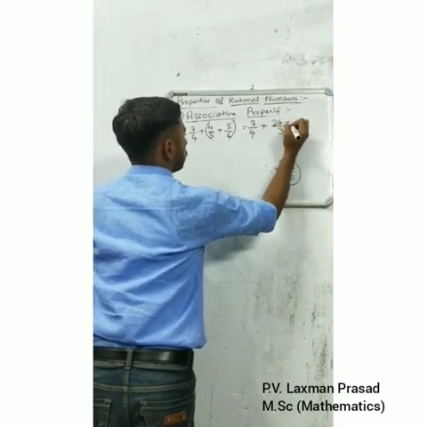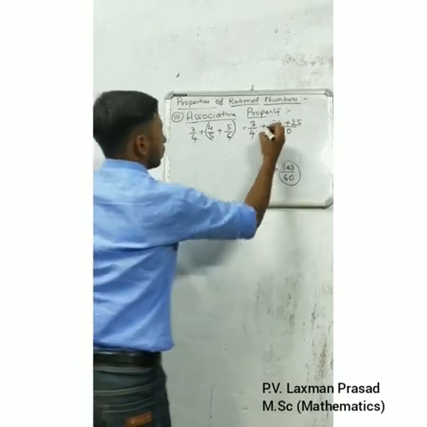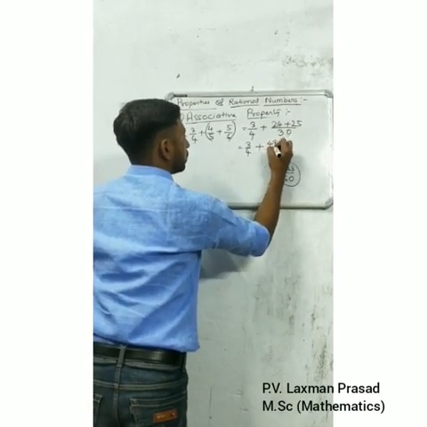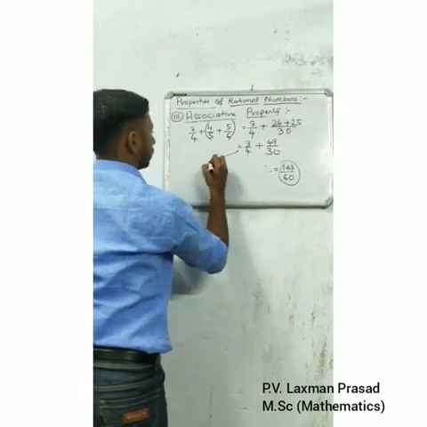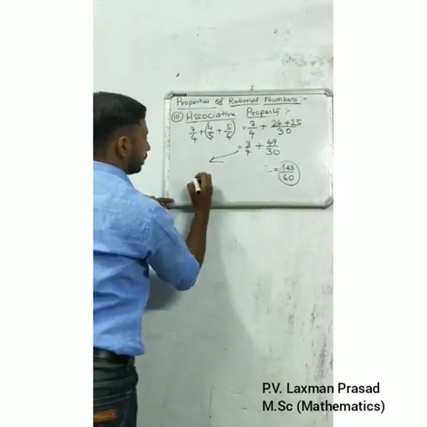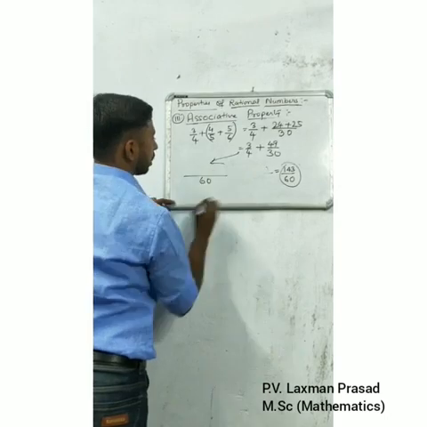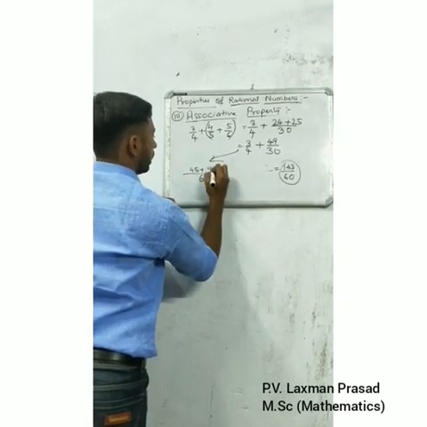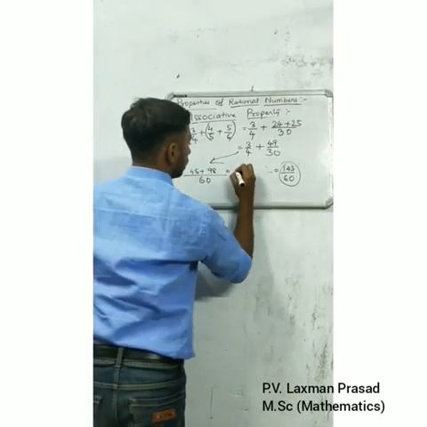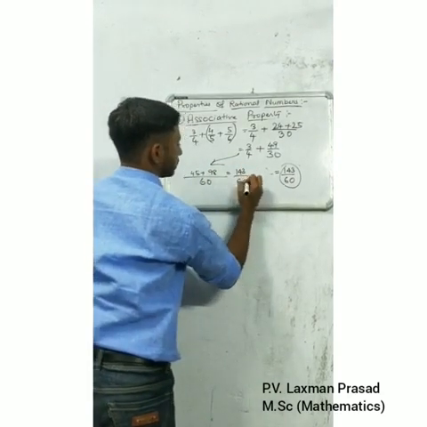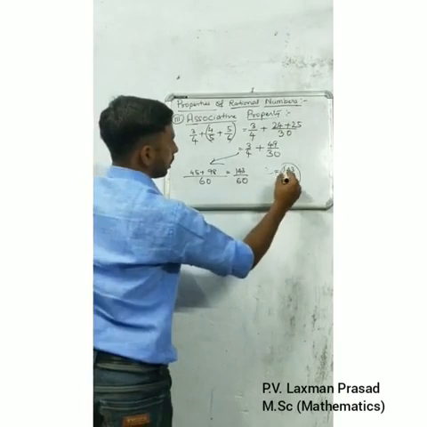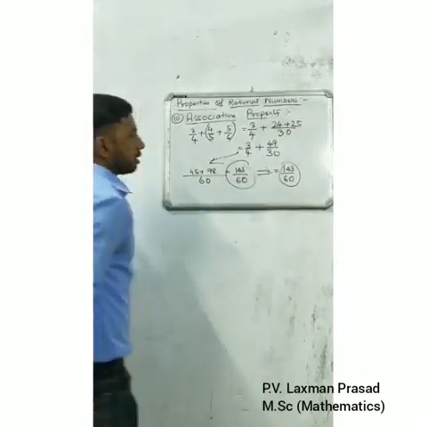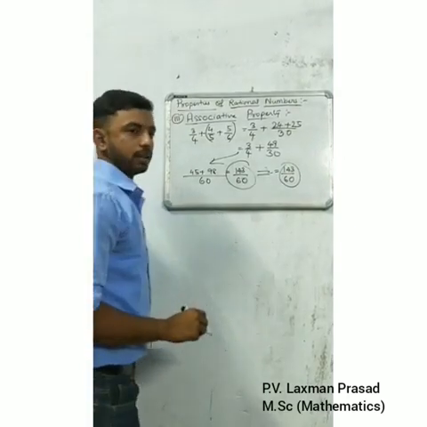This is 24 plus this is 25. 3 by 4 plus 49 by 30. The LCM of 4 and 30 will be 60. And the result here is 45 plus 98, which is actually 143 by 60. So you see the result obtained in the first case and the result obtained in the second case are both same. Hence, the associative property is proved.